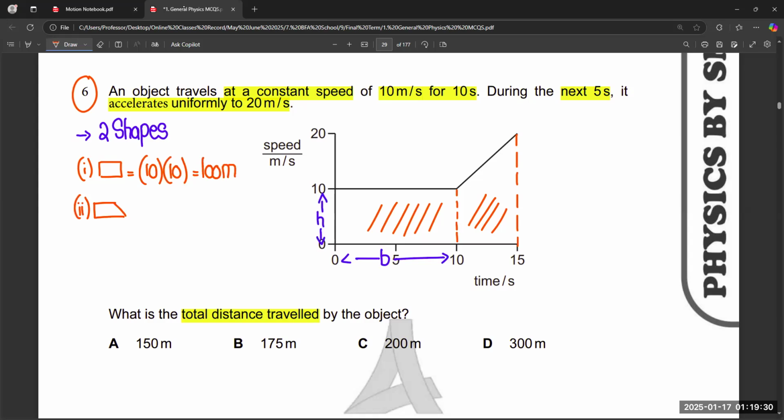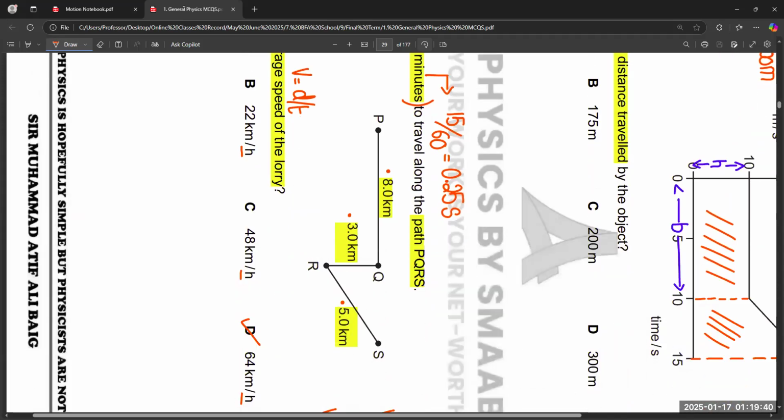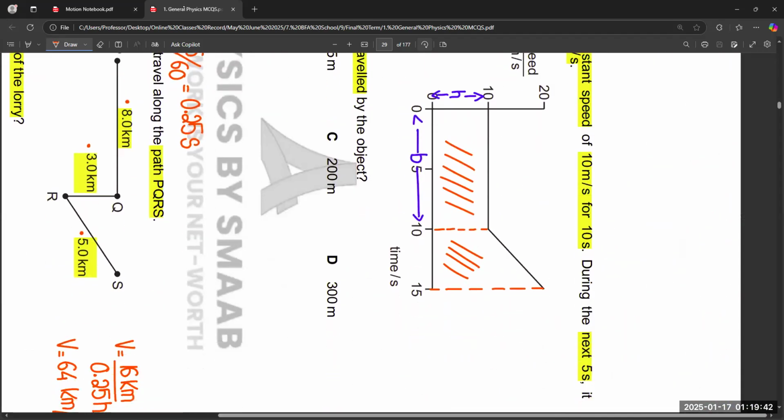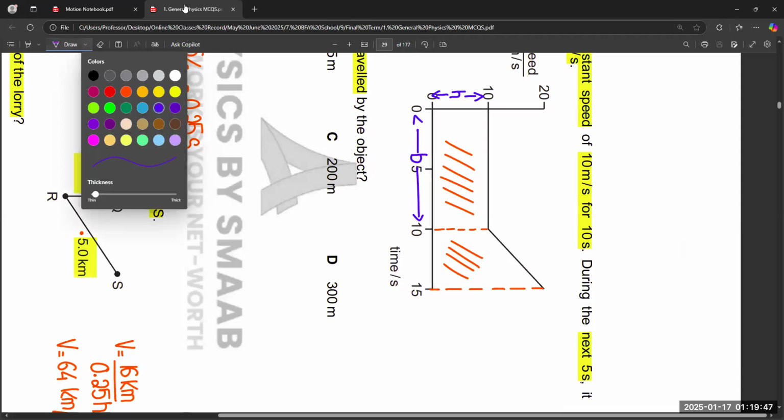Now, how to mark a, b, and h on trapezium? To make it simple, if we rotate this diagram like this, now you can see it seems like a trapezium. And in a trapezium, these two sides are opposite to each other.